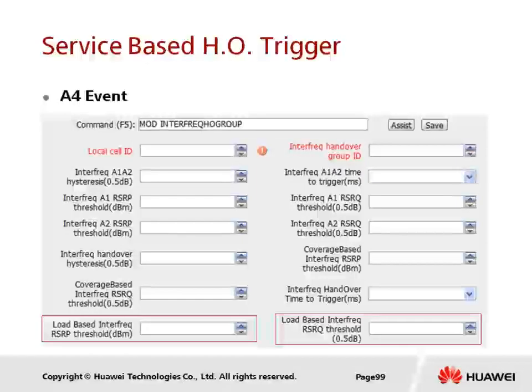So we are using event A4, where the RSRP and RSRQ thresholds for event A4 will be used. We have just finished the service-based handover trigger. From the next page onwards, we are going to look at the other handover types, including frequency priority, distance, and quality-based handover.